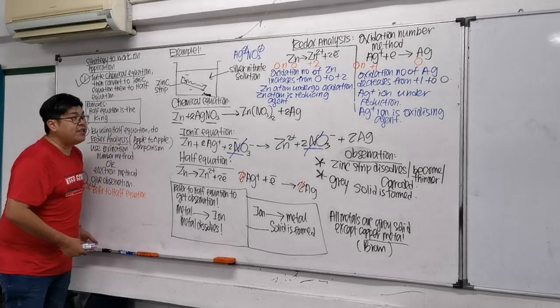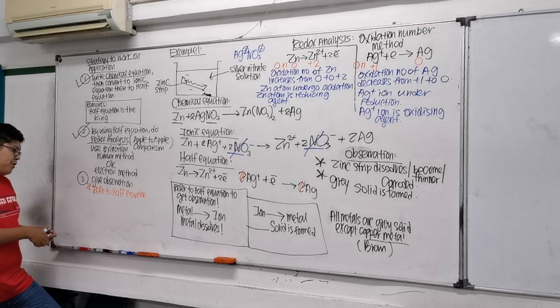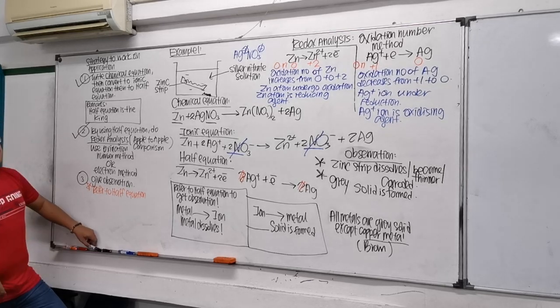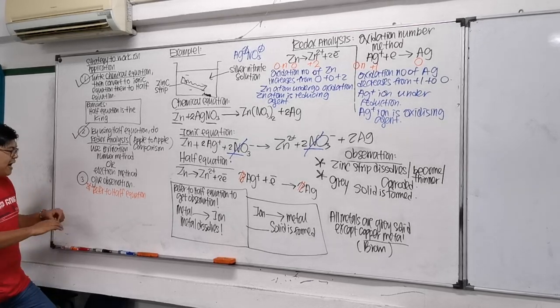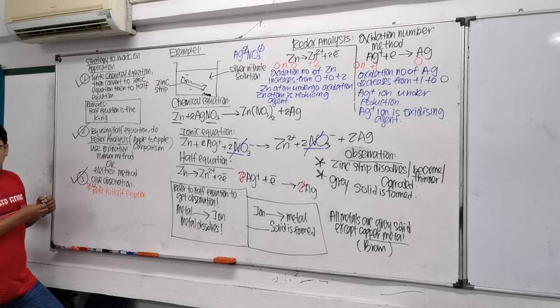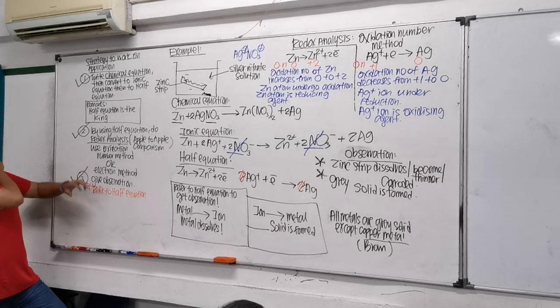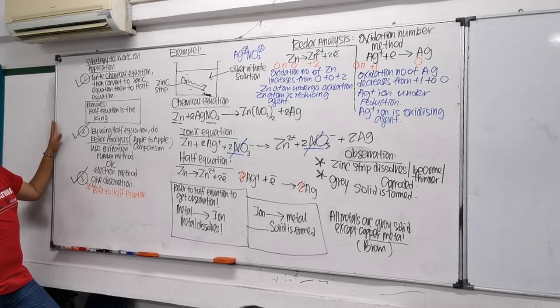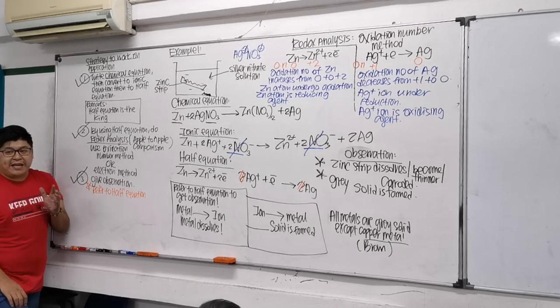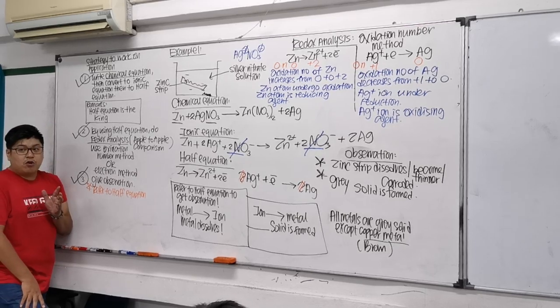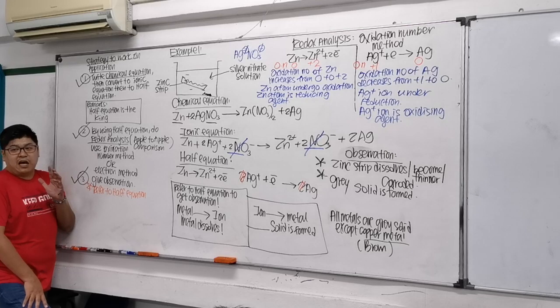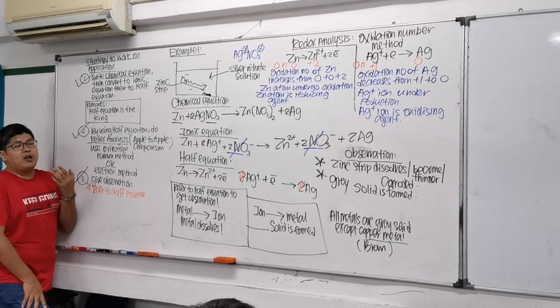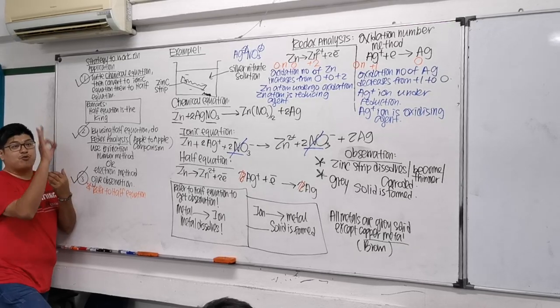You can jot down on this. We will do one more example together. Hopefully, after two examples, you have a better idea what is happening. In short, what we are learning today is one of the applications of redox, because we have learned all the basics of redox in the last 3 lessons.